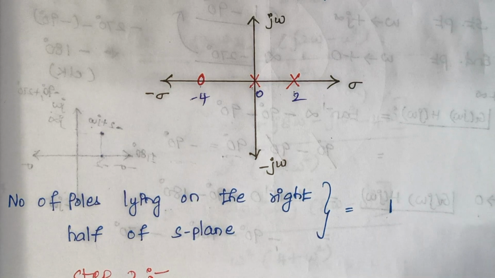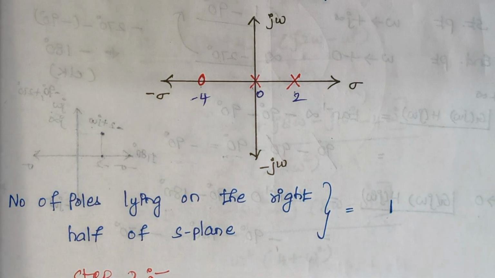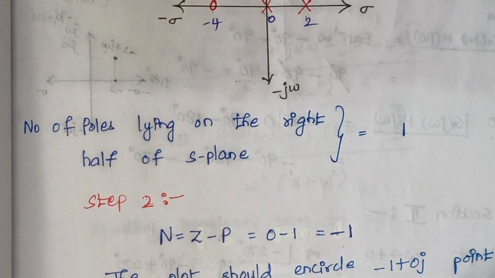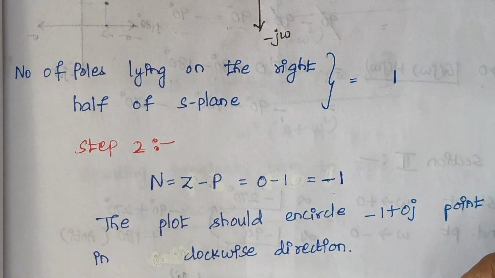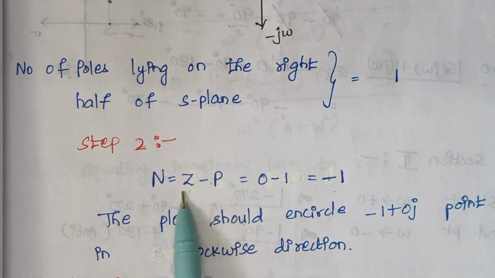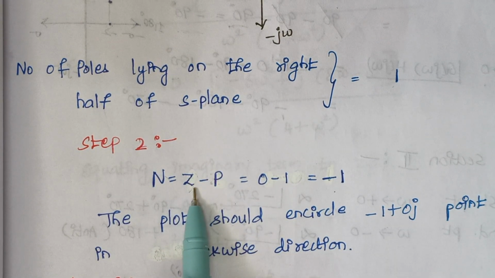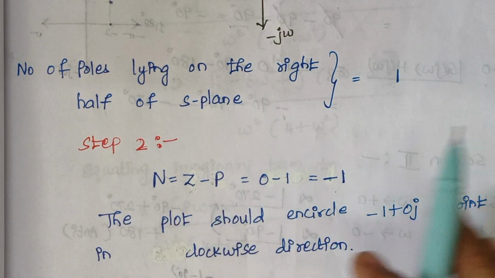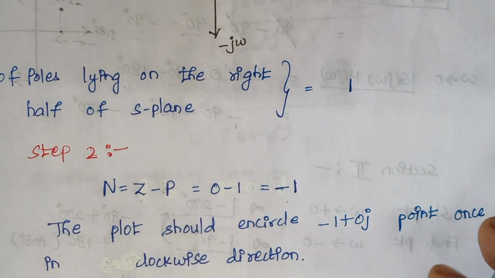Then regarding step 2, whenever you have a pole on the right hand side, the number of encirclements formula gets a little bit modified, that is, N is given by Z minus P. Z is the number of zeros lying on the right hand side of the S plane and P is the number of poles lying on the right hand side of the S plane.